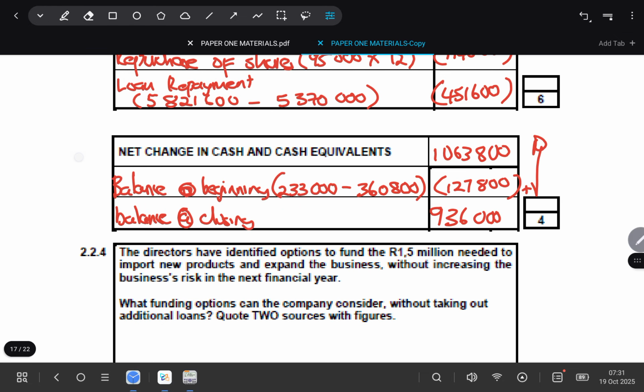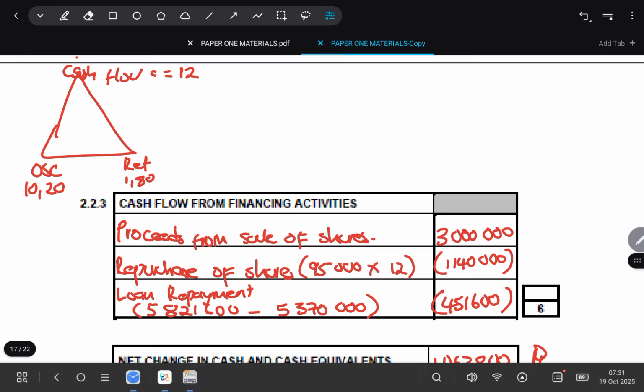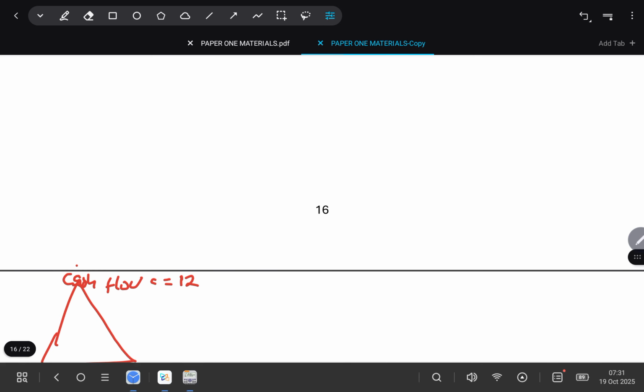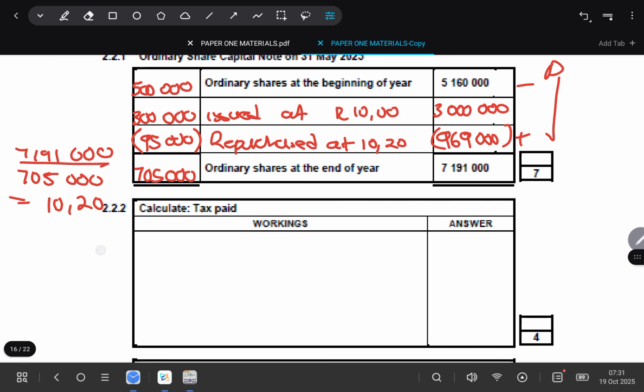Then you are done answering this part. From there, you can look for additional information that can help you to answer other questions. Next, they want us to answer taxation paid. In terms of taxation paid, you need to be very smart. Always start with the principles that I gave you.